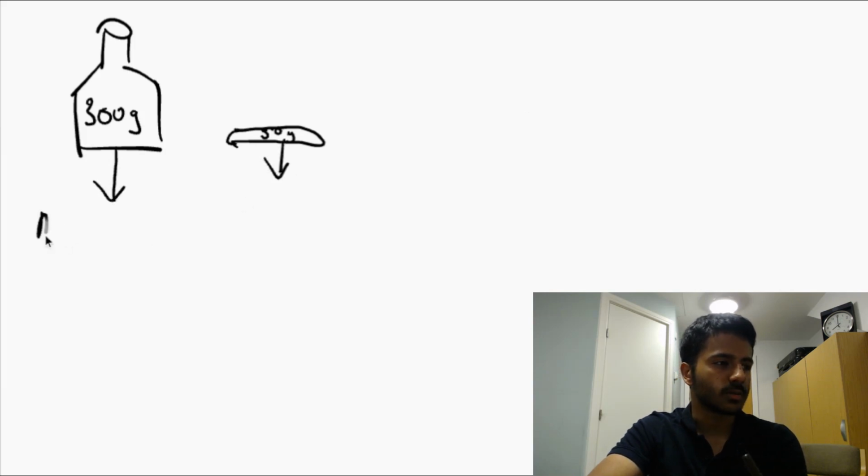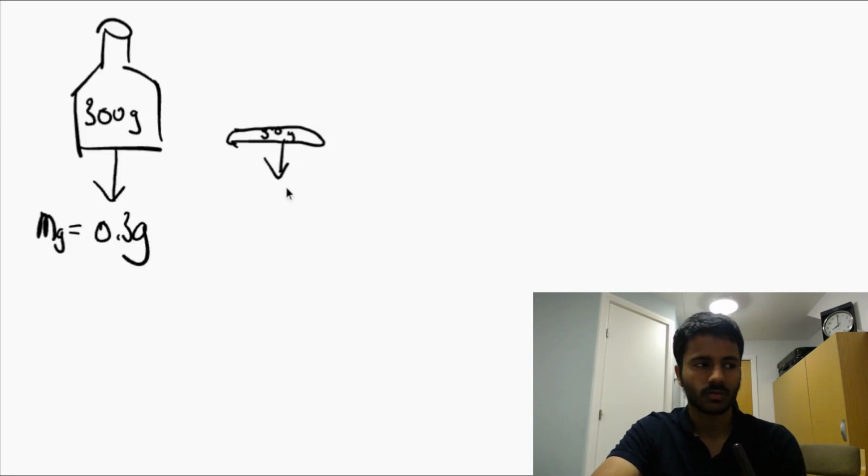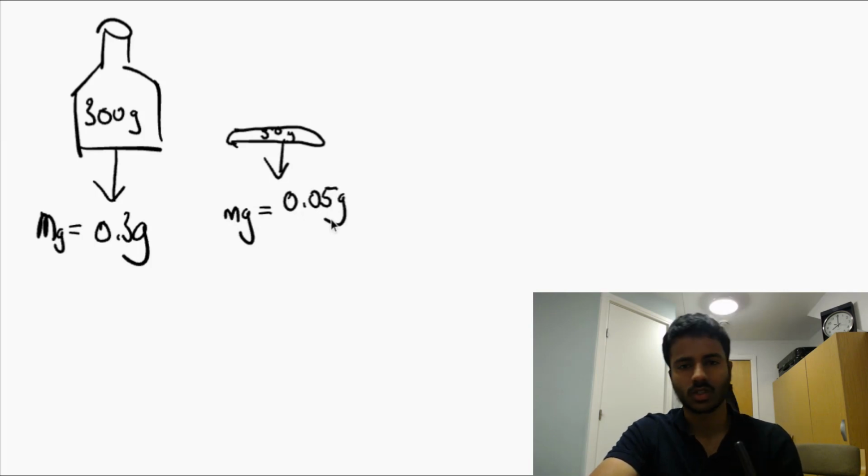And in this case, mg for the bottle is the mass, 0.3 kilograms, times g, which is the gravitational constant. And in the case of the 50 gram pencil, the mass is 0.05 kilograms. So the weight is 0.05 times g, which is just 9.81.